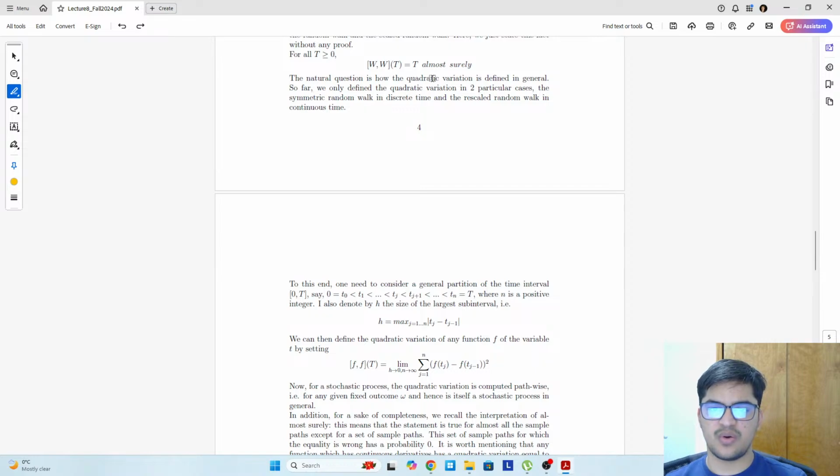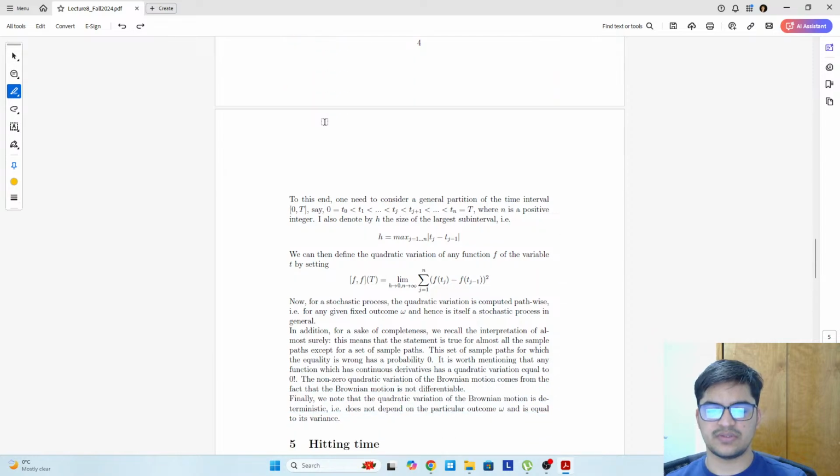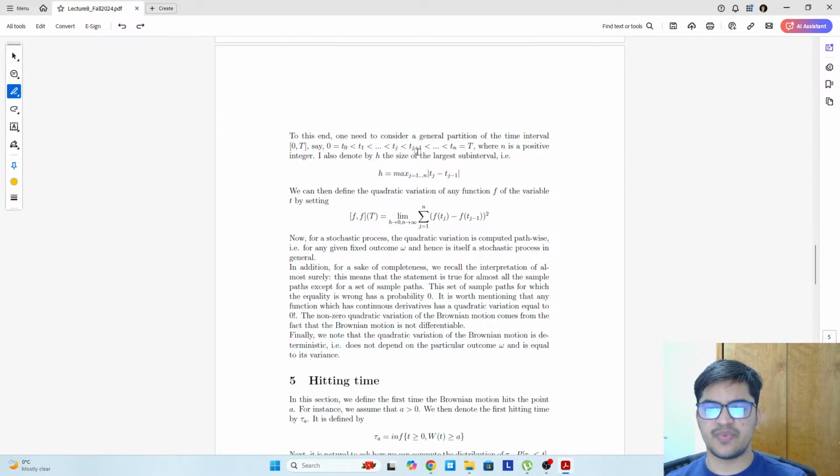The natural question is how the quadratic variation is defined in general. So far we have defined the quadratic variation in two particular cases: symmetric random walk in discrete time and a rescaled random walk in continuous time. To this end, we need to consider the general partition of the time interval 0 to T. Say that t0 is equal to 0, t0 is less than t1, t1 is less than its adjacent numbers, until tn, which is greater than tn minus 1, and tn is equal to capital T, where n is a positive integer.